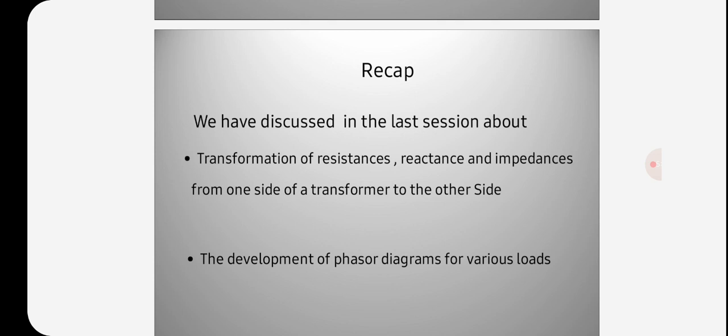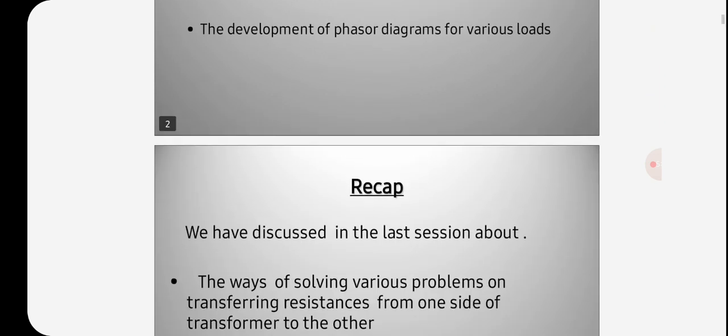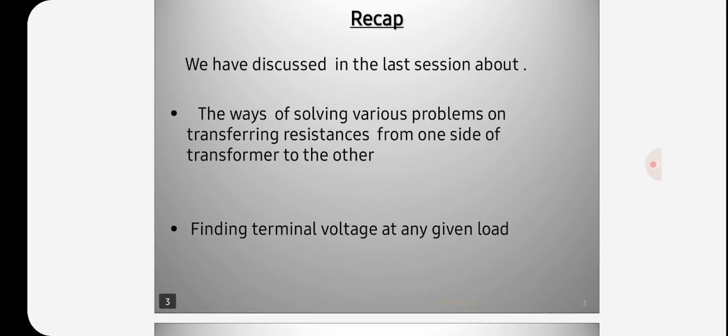We discussed the development of phasor diagrams for various loads, the resistance phasor diagrams and the reactance and impedance phasor diagrams in previous classes. We also discussed the ways of solving various problems on transferring resistance from one side of the transformer to the other, and how to find the terminal voltage at any given load.